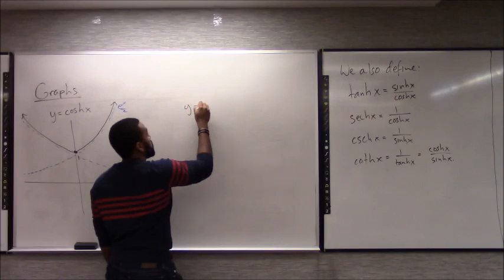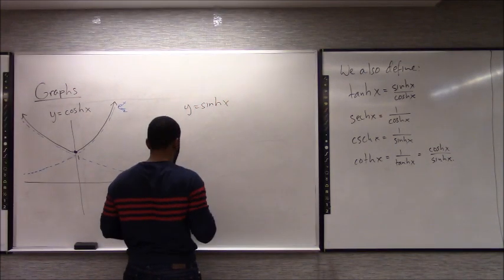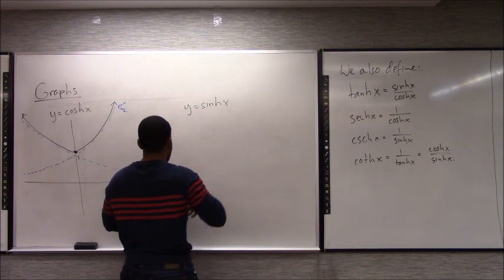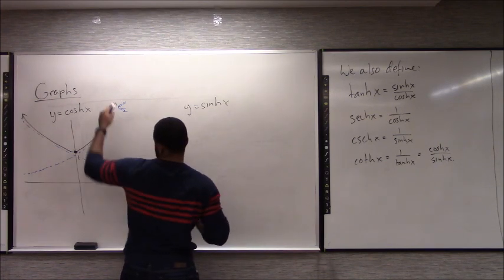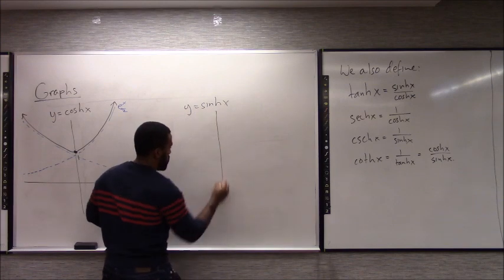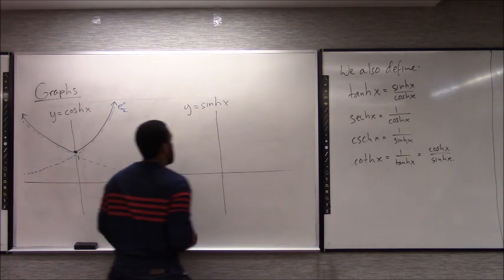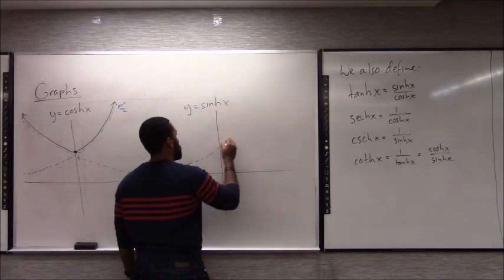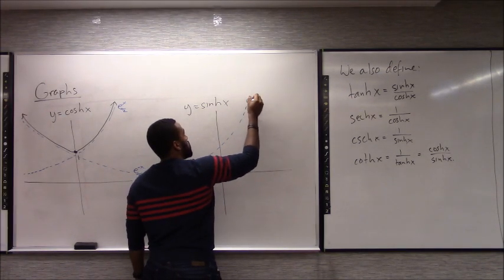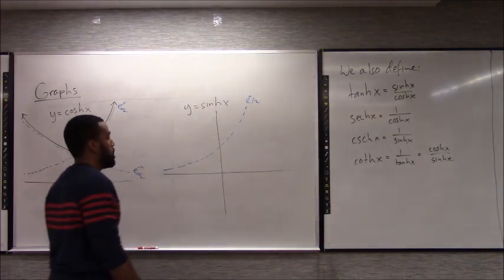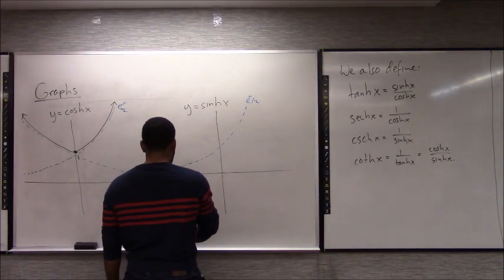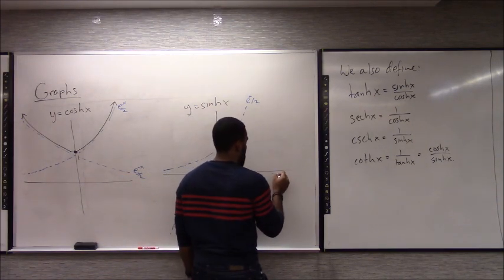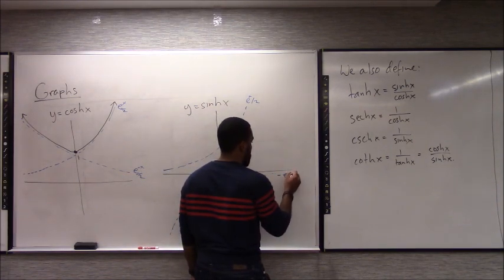And if you look at the sinh, so the blue is not a part of the graph, just the black is the graph. The sinh, well, first you look at the e to the x over 2, and we're going to minus e to the minus x over 2.